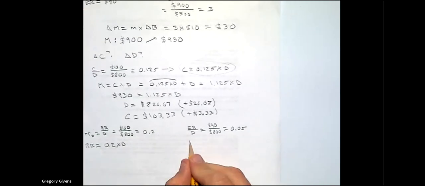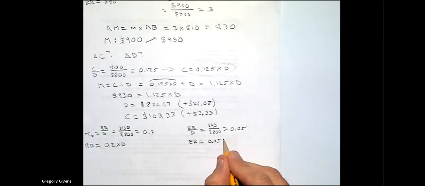So required reserves have to be equal to 0.2, that's the required reserve ratio, times deposits. And excess reserves have to be equal to 0.05 times checkable deposits. Well, we know what the new value of deposits is in this problem. It's 826.67 billion.